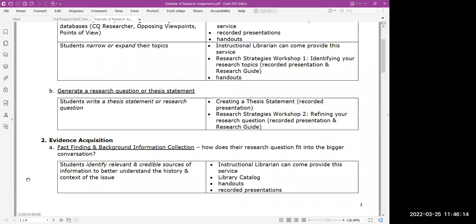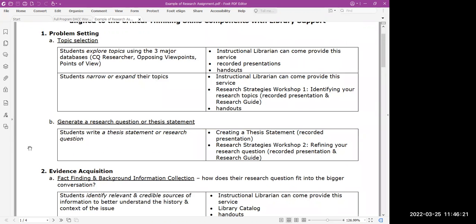I'm not going to go through all these details, I just want to focus on a couple. For example, number 1, problem setting. That's one of the major areas. We've broken that down as much as we thought we could, but I'm sure there's still some work that we can do, especially with your input.